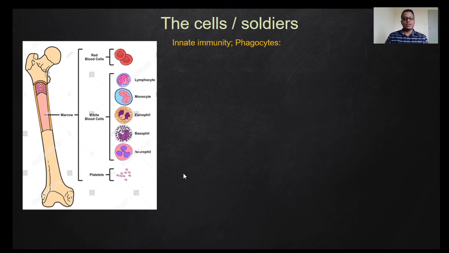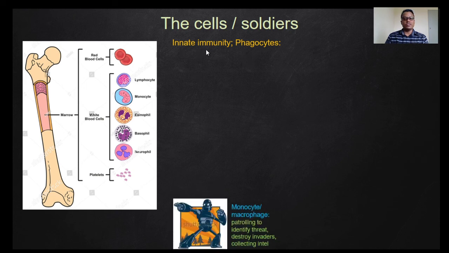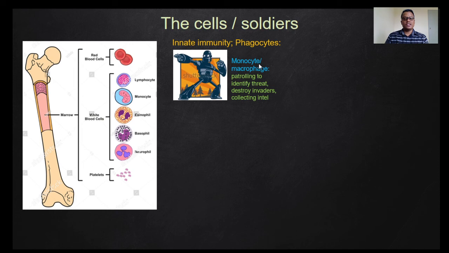First, of the soldier cells, we'll have a look at phagocytes, which are categorized in the innate immunity. Phagocytes, or another name for them if they come from the blood, monocytes, patrol to identify threats, destroy invaders, and also collect intel or information.